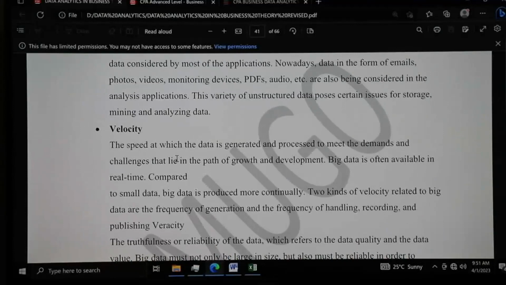And in the question, we are now asked to state the component that does not fall under velocity. The process falls under velocity, because it talks of data generated and processed to meet the demand, the speed at which data are generated. And the streams here refer to data that sometimes moves in streams, a sequence, a series of operations.